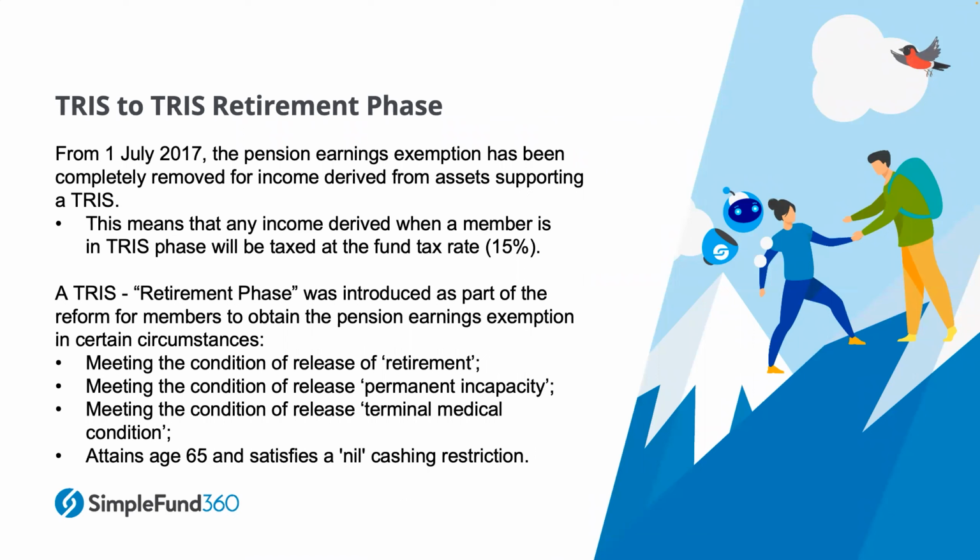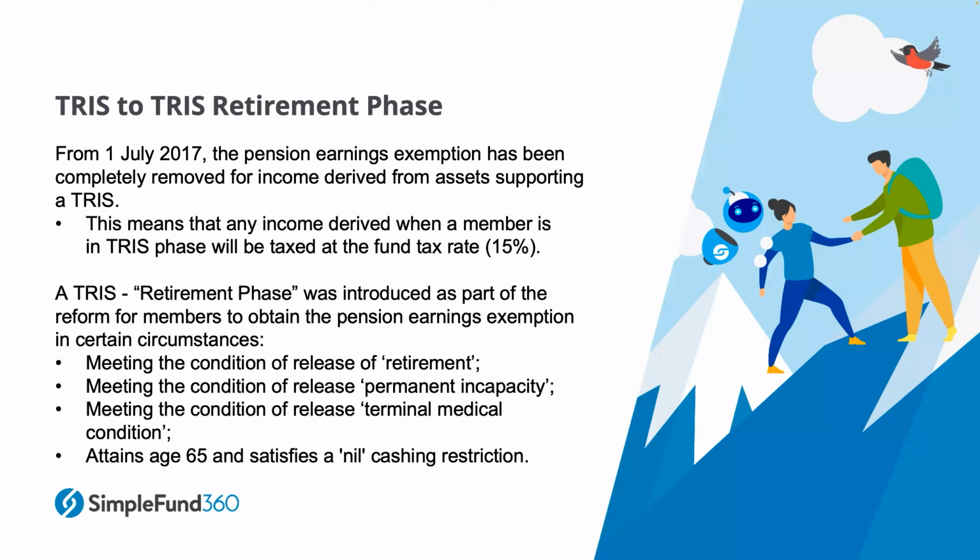But as a caveat to that, on top of that, they also introduced a TRIS retirement phase, which is separate from a TRIS, which does have the exempt income attached to it. But on top of that, to be able to become a TRIS retirement phase, you also have to satisfy one of the certain circumstances there.